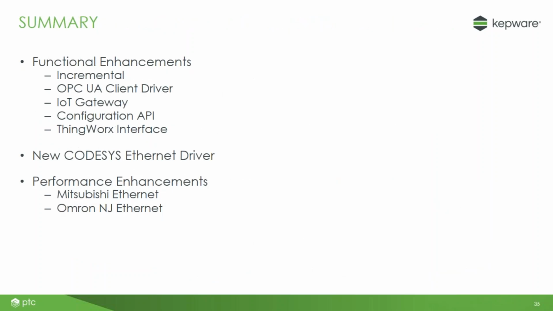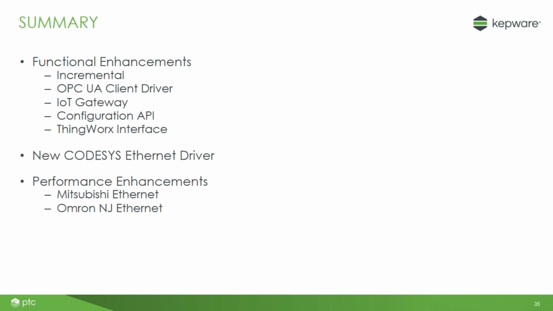So summary here, like I said, huge list of functional enhancements, new CODESYS Ethernet driver, and those performance enhancements we just discussed. I do want to note here that even though we only list one new driver in this release, there's actually lots of new vendor and hardware compatibility rolled into 6.1. So OPC UA Client Driver, you get Siemens S7 1500 UA, and you get BNR X20 devices through UA.